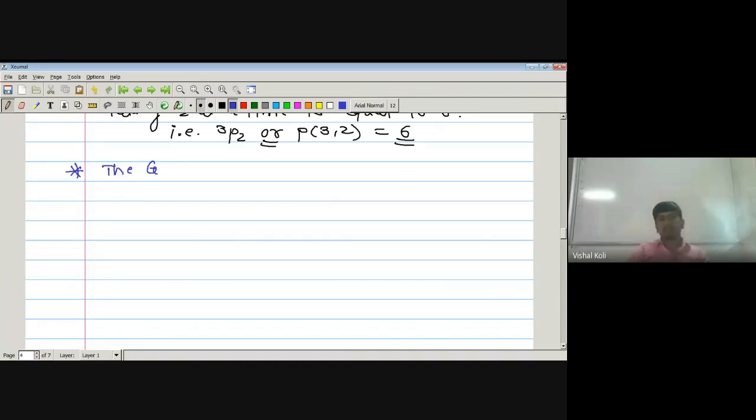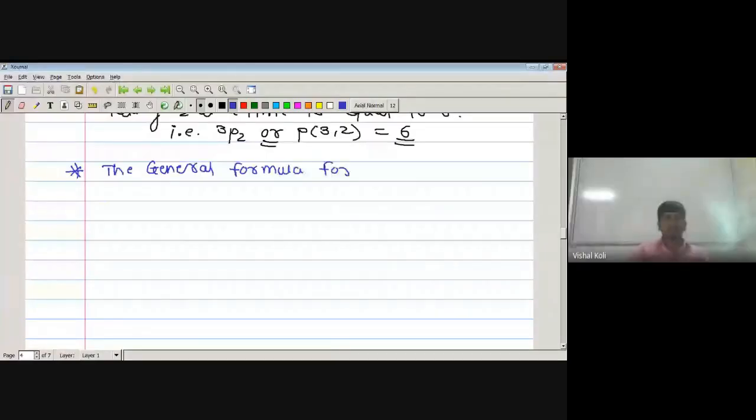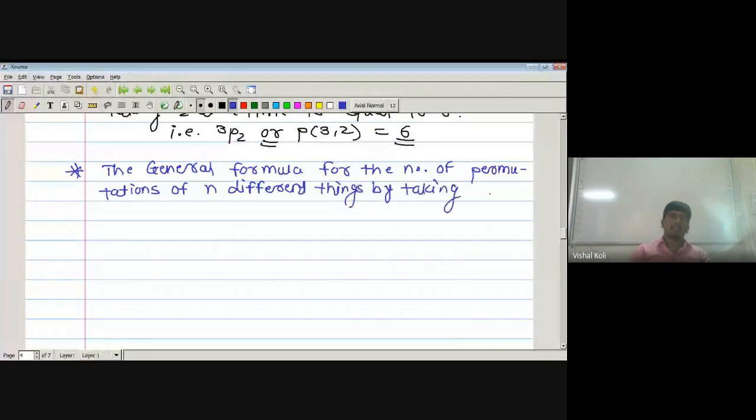Example. The number of permutations of n different things by taking r at a time is n factorial divided by (n minus r) factorial.